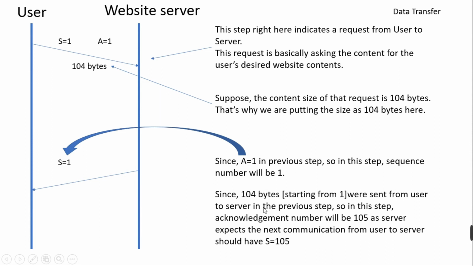Okay, so 104 bytes were actually sent from user to server in the previous step, and that communication started from the byte numbered 1.